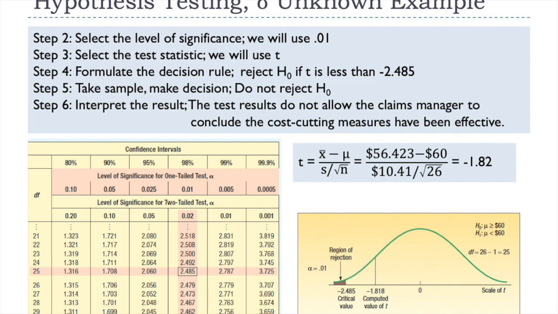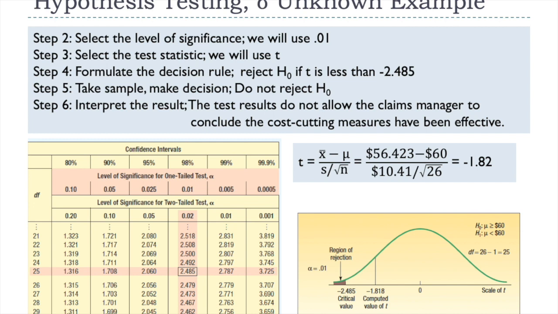Our sample size was 26, so 26 minus 1 is 25. So this is the row that's highlighted. And where those two meet, that is going to be our t value. And so the value here is 2.485. And since this is a left-tailed test, because our rejection area is here, then it'll be a negative 2.485.